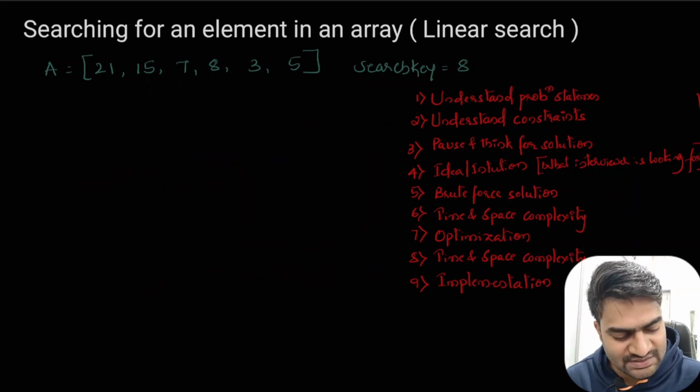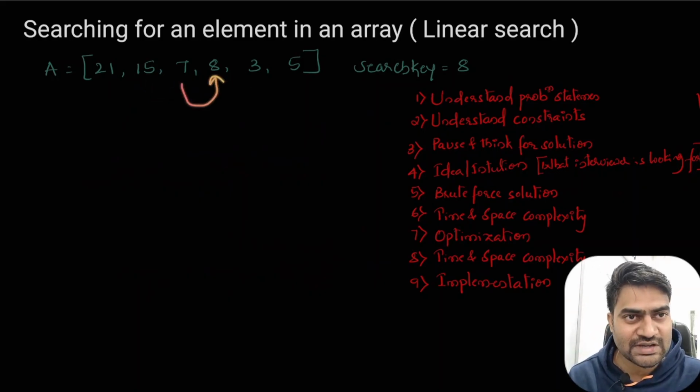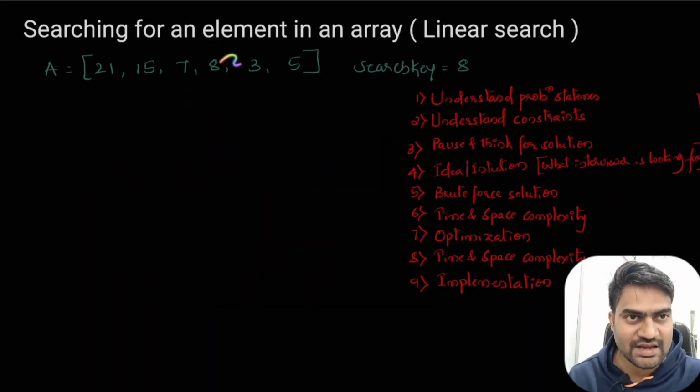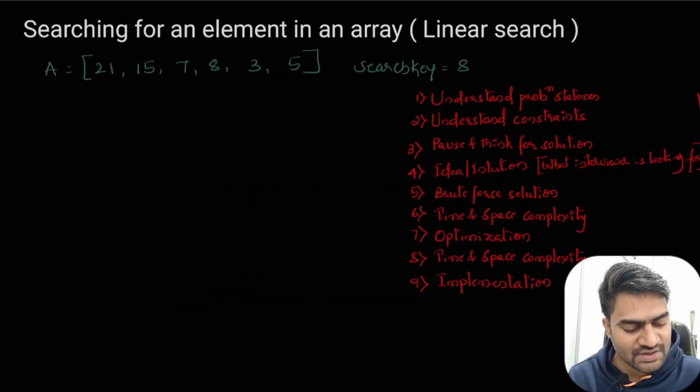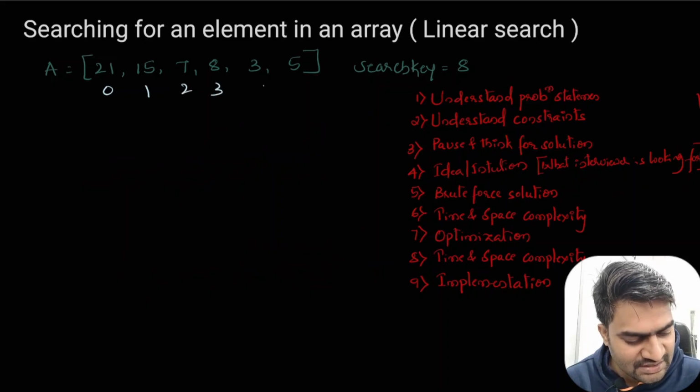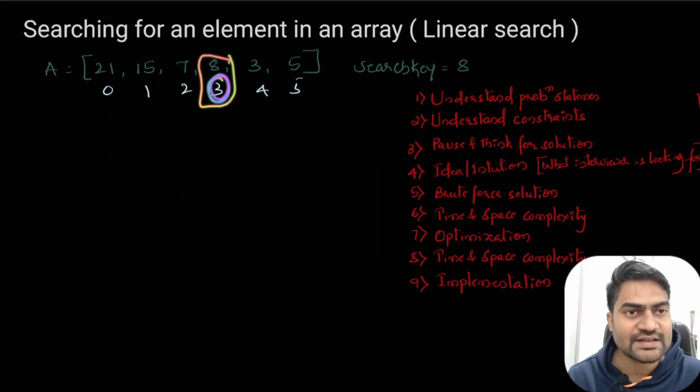Is it 8? No. Next we move to the next element. Now we got 8, right? Once we get 8, either we will return true or we will return its index. The indexes are something like this, so once we find the number, we can return its index 3.